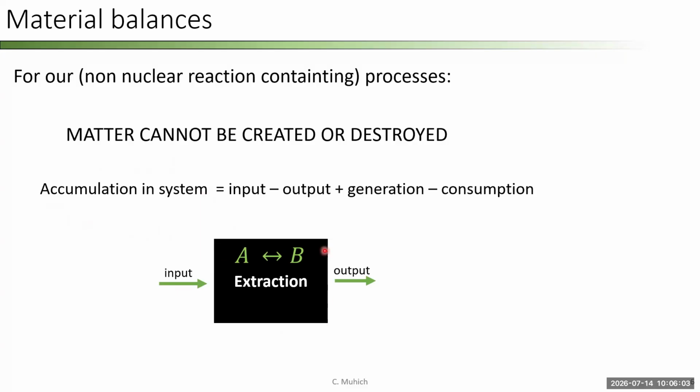And we can consider this black box, literally the black box, to be our system, is going to be how much of that material has gone in, right? So input, how much of the material comes out of the black box, the output, plus what is generated, right? So if we're counting on B, that's how much of A turns to B. So how much B is generated in this process minus how much is consumed.